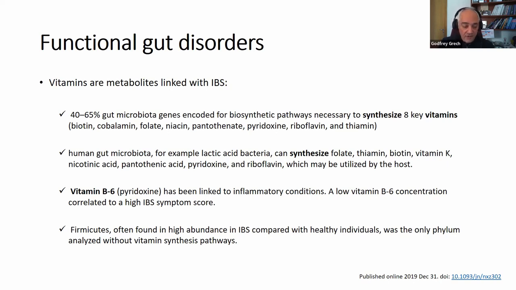The Firmicutes take over most of the pie chart, and this particular pinkish part of the pie chart does not synthesize enzymes that produce vitamins. So definitely IBS individuals are vitamin deficient if they don't take supplements.